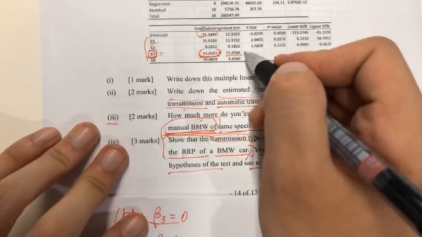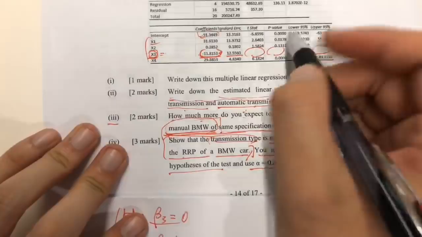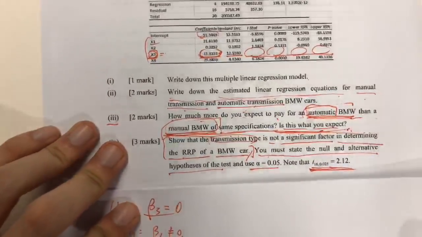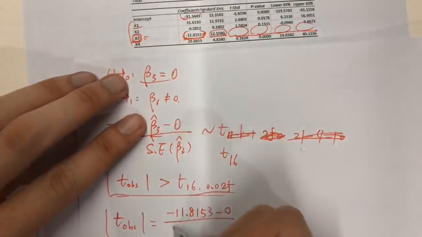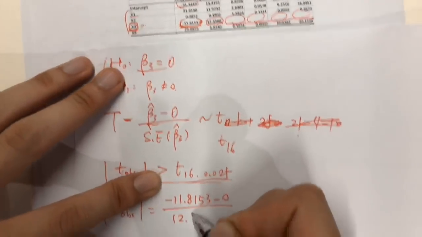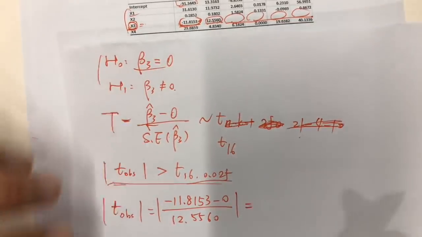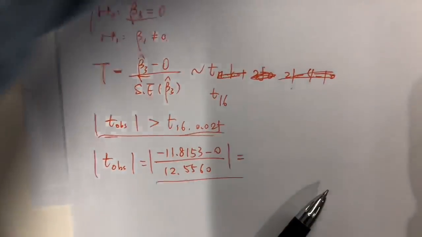So you can see the t-stats, p-values, and confidence intervals are all missing. So you need to perform the test by yourselves, right? Okay, so divided by 12.5560. Can anyone calculate this result for me? So what is the observed t?